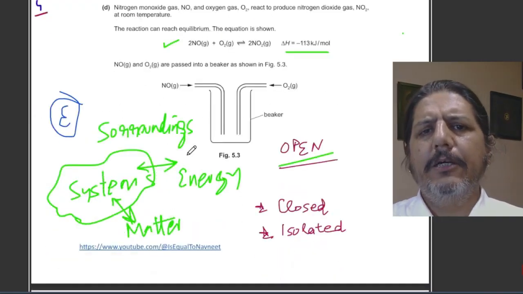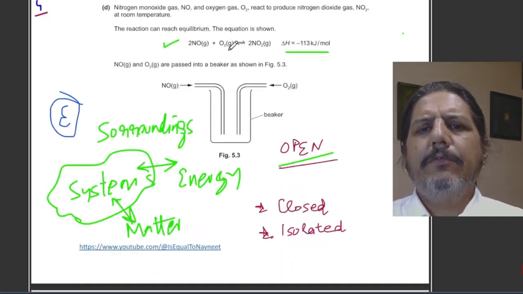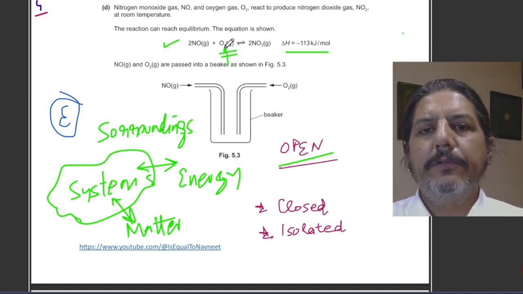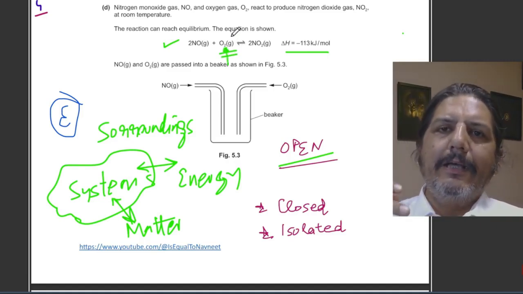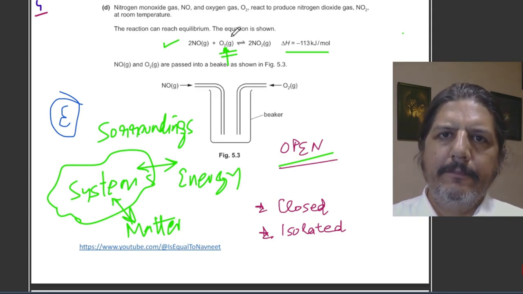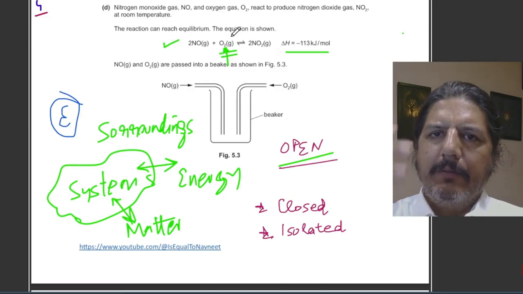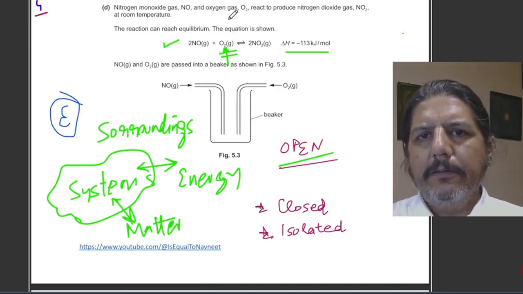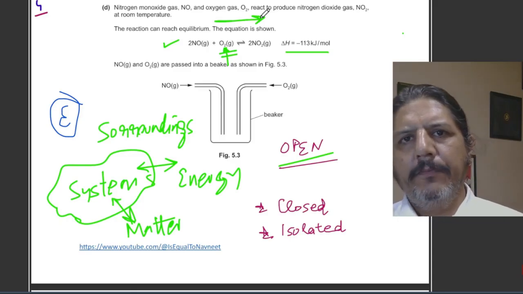Again, due to Le Chatelier's principle. Because it's an open system, as oxygen gets used, more and more oxygen is available from the environment. So the reaction will always keep moving in the forward direction.